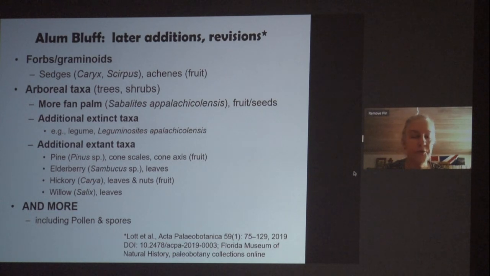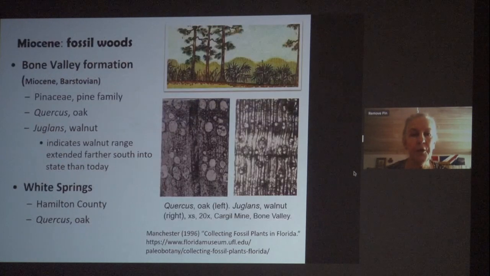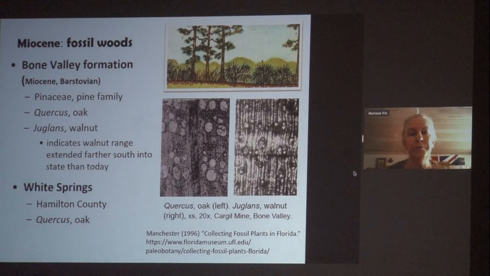And in fact, during the Tertiary, floras of the southeastern US progressively lost tropical species and gained temperate ones. And Webb pointed out then that Alum Bluff looks like a sort of a situation in the middle of that whole progression.